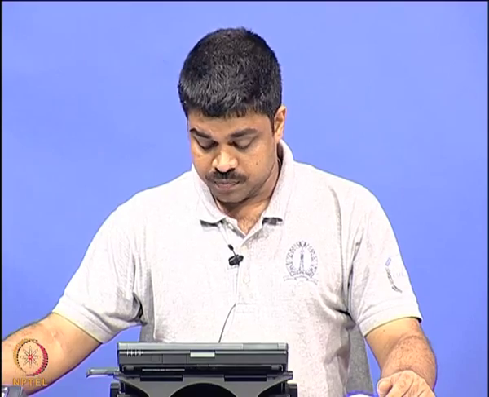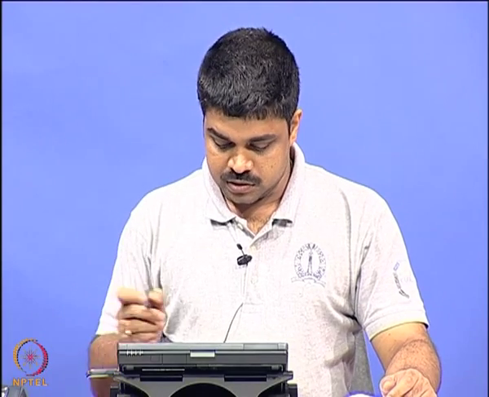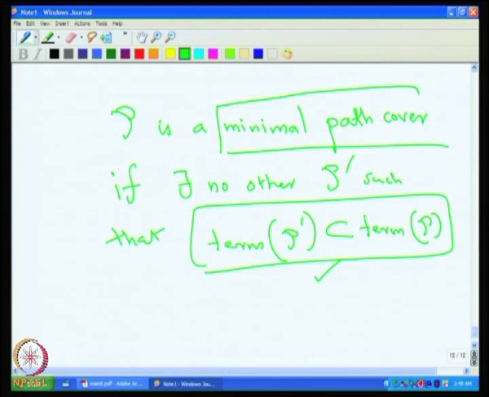So, of course, the minimal path cover need not be a minimum path cover, but it is very clear that if it is indeed a minimum path cover, a smallest cardinality set, it has to be a minimal path cover.